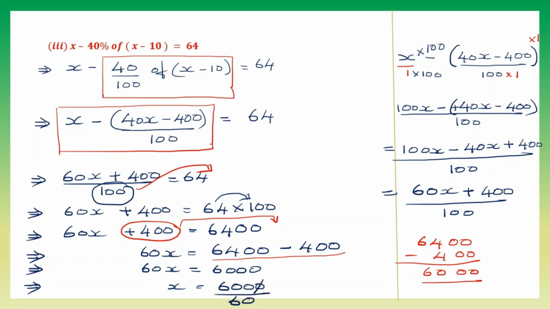Now we can cancel. Now I have 600 divided by 6. So 6 into 100 is 600. So I have found the value of x. x is equal to 100. So this is my final answer here. x is equal to 100.